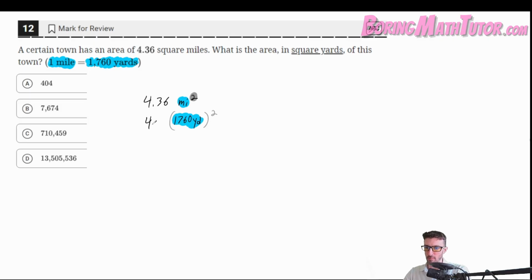Of course, I would still have my 4.36 times all that. At this point, I'm already in terms of square yards. I now just have to figure out what 1760 squared is and multiply that by 4.36.